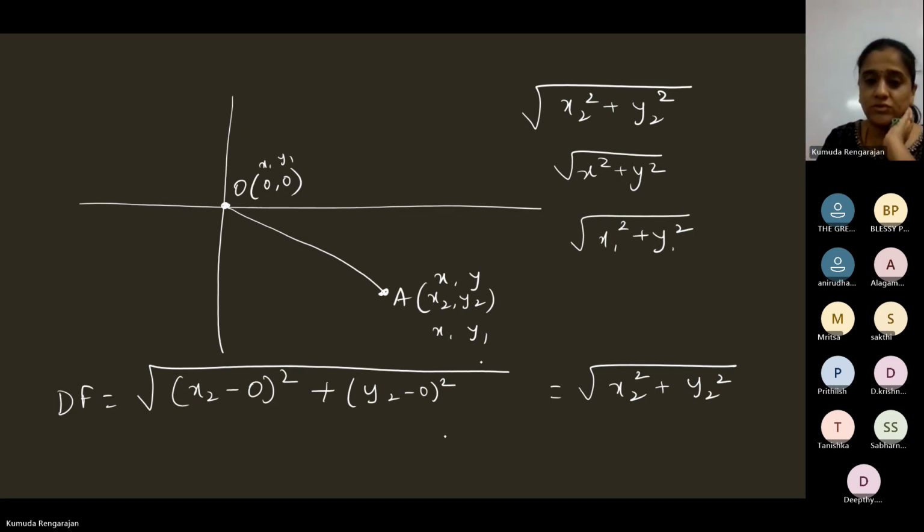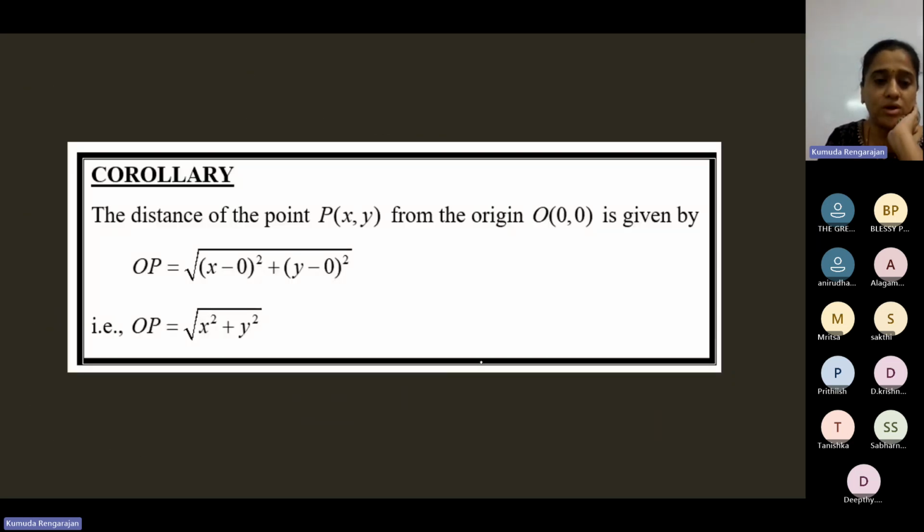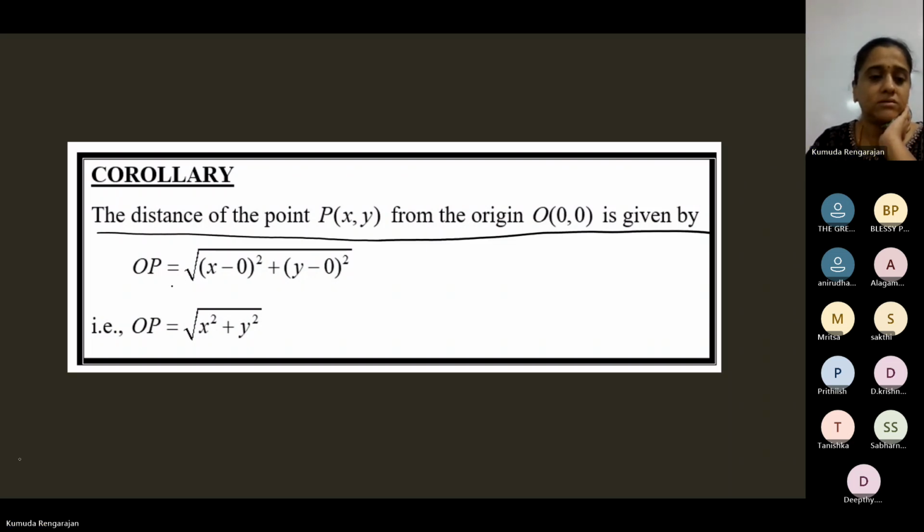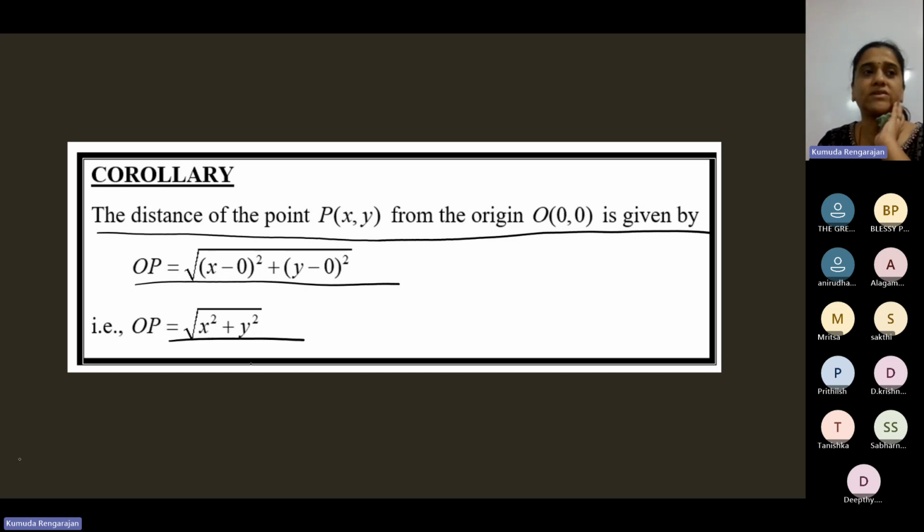You can see here, distance of a point from the origin. The distance of the point P x comma y from the origin is given by this formula. It's nothing but root of x square plus y square, depending on what it is called. If it's called x1 comma y1, then it will be x1 square plus y1 square.